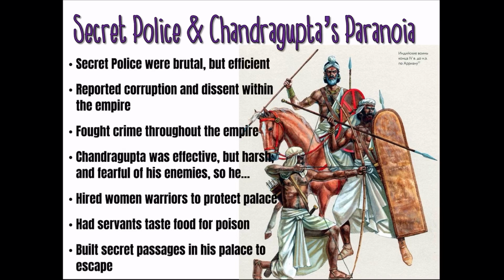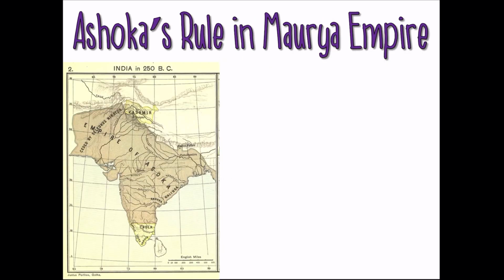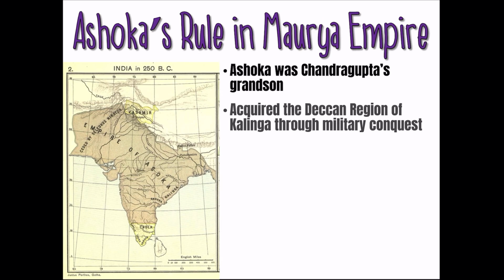If you look at page 416 in your book, Bindusara really doesn't do very much for what we're studying. I mean, he expanded the empire a little bit, but really the leader that we want to spend the most time talking about here is somebody named Ashoka. So Ashoka was one of Bindusara's sons, and we're just going to talk about some of his accomplishments here. Ashoka was Chandragupta's grandson.